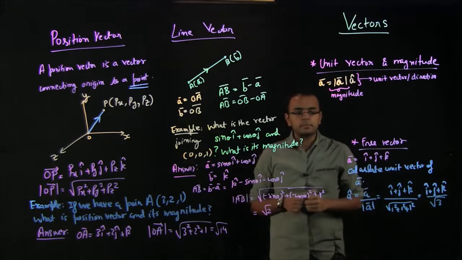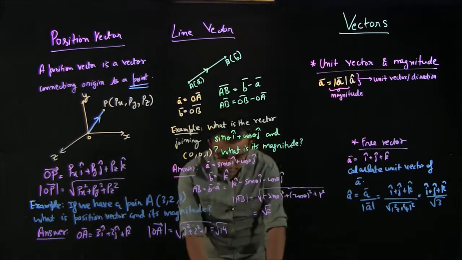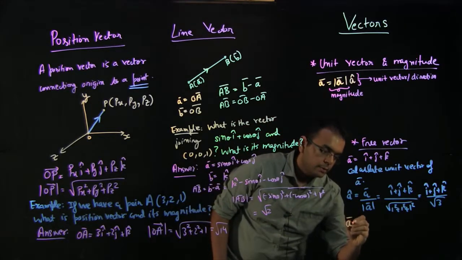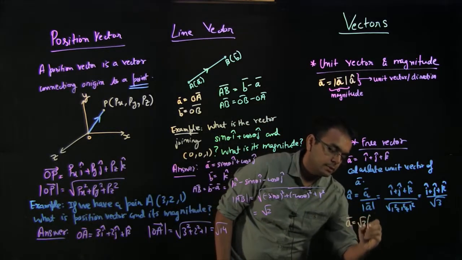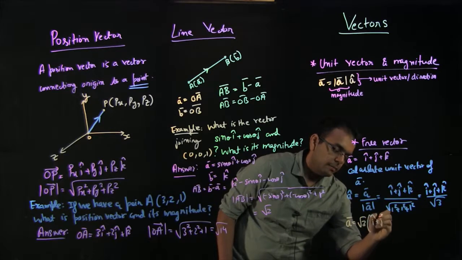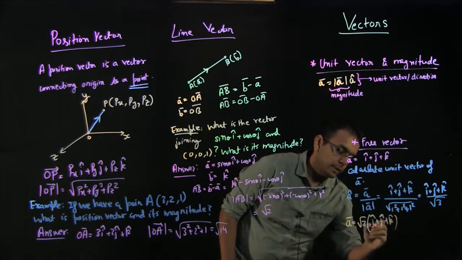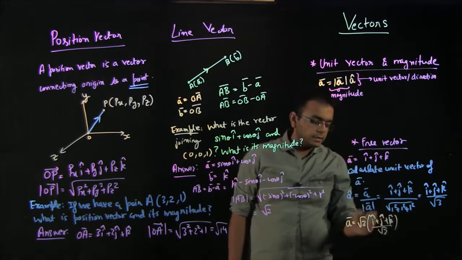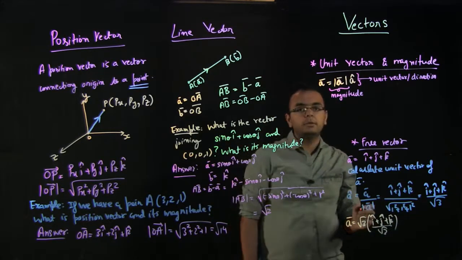Okay. In other words, I can also write that A vector is root 3 times I cap plus j cap plus k cap by square root of 3, and this is the direction, which is the unit vector, and this is the magnitude.